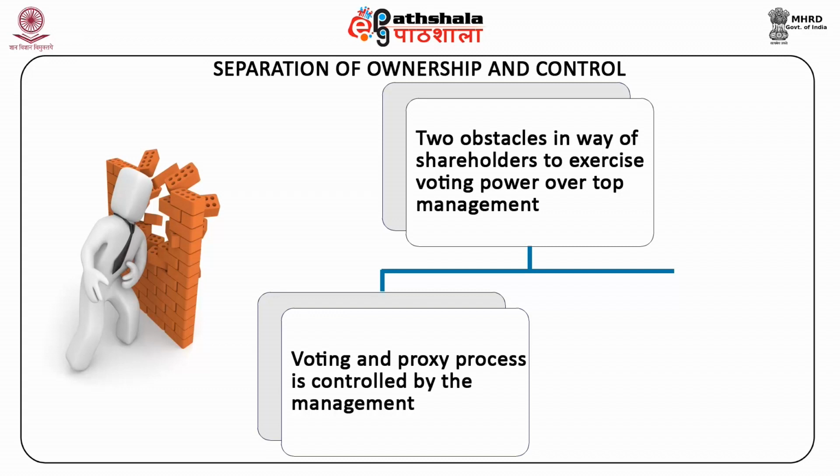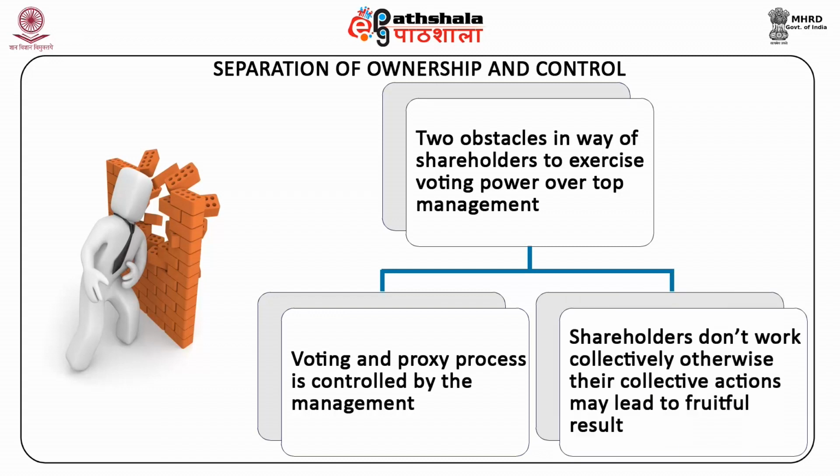The second problem is that shareholders don't work collectively, otherwise their collective actions may lead to some fruitful results. In large corporations, the voting share of each shareholder is a very negligible fraction of the outstanding voting shares. Each shareholder expects that their vote would have a very negligible effect on the outcome of any voting contest.